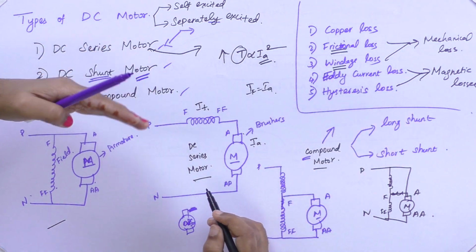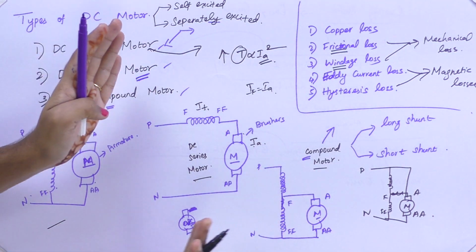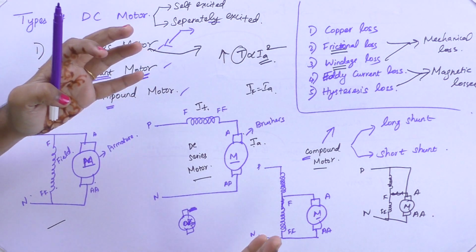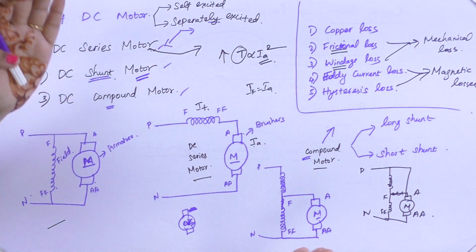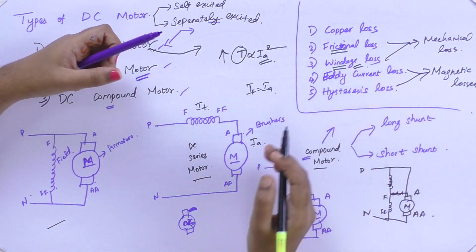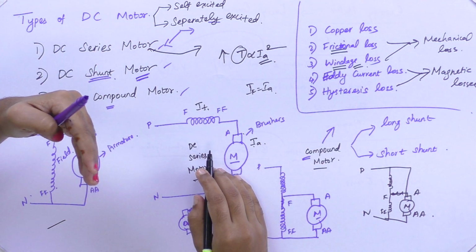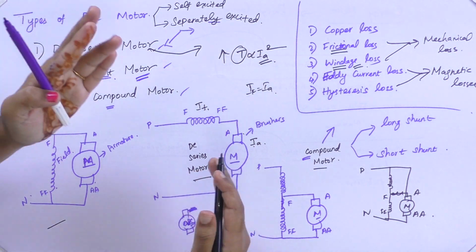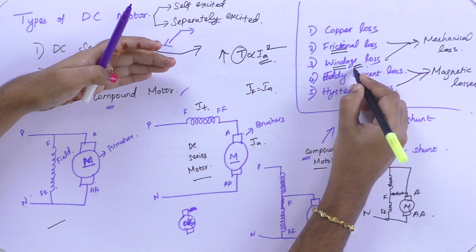Windage loss is because of a larger air gap. If the air gap is provided with maximum difference, windage loss occurs. Because of the airflow inside, your flux may also get lost. So windage losses may also occur.